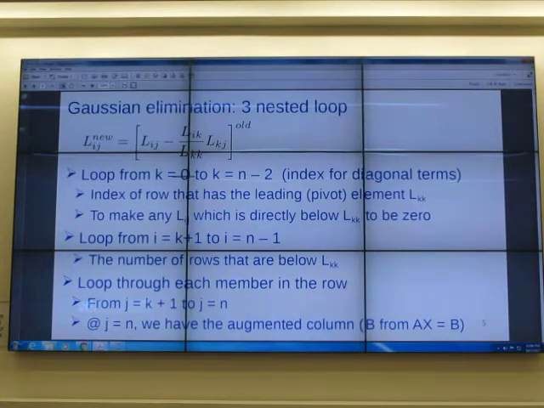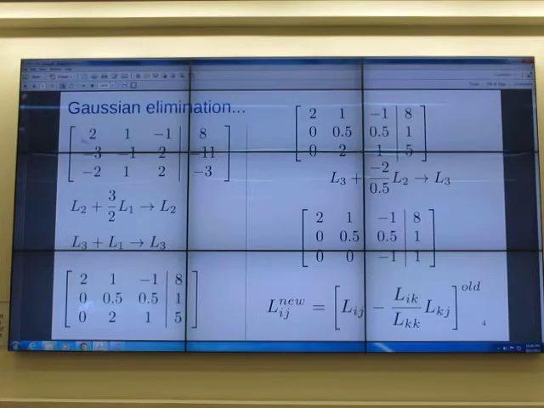So when we do the loop, that is the first LKK, that is the second LKK, but we never use that last number. We use L11, and then we use L22, but we don't use L33.